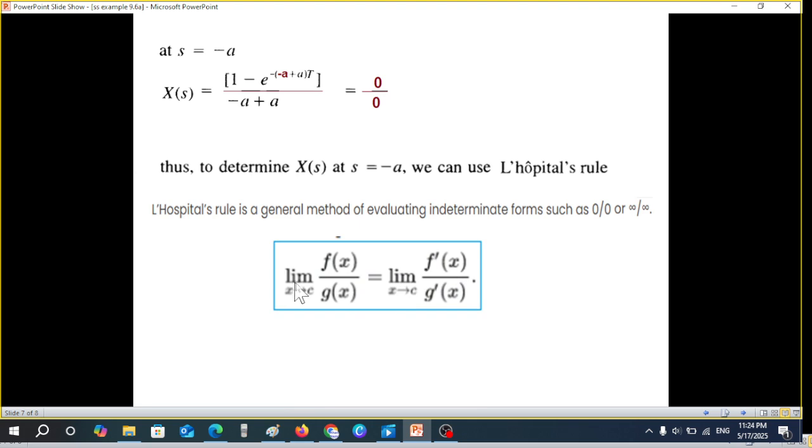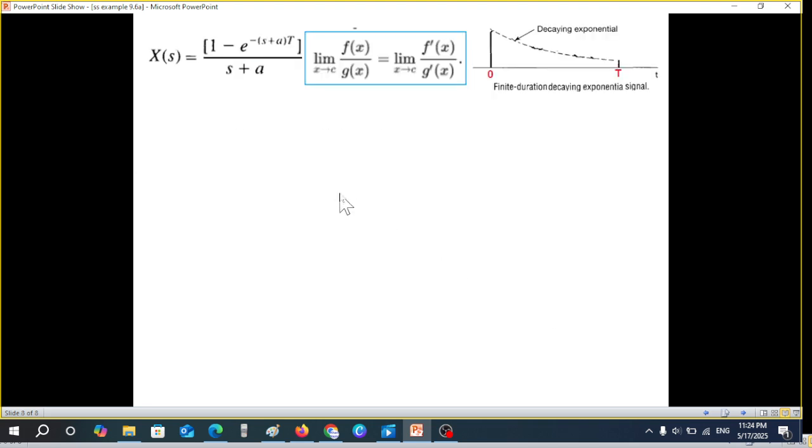It says if we are taking the limit of a function divided by another function, and you have this 0 over 0 condition or the infinity condition, you can still find the answer by differentiating the two and then taking the limit. So let's follow this rule. We differentiate and then take the limit, differentiating the numerator and the denominator.